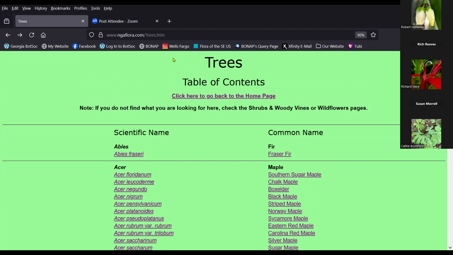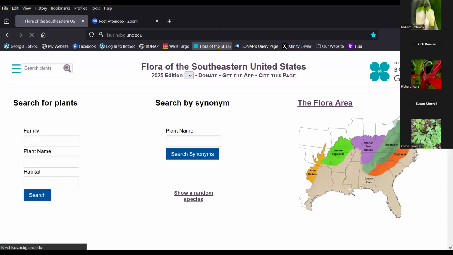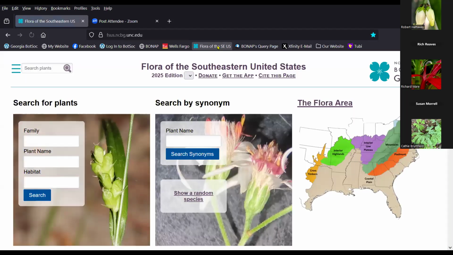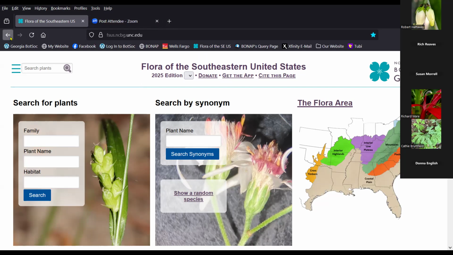Every morning I post a different wildflower, and every morning I use this website right here, Flora of Southeastern United States, 2025 edition. I make sure that whatever I'm posting has the most recent accepted name, for God's sake, for the scientific name.